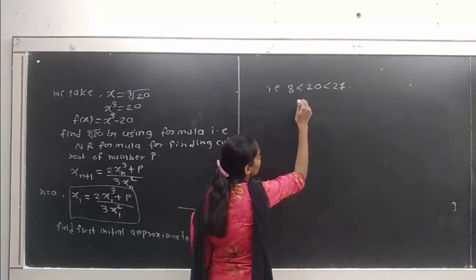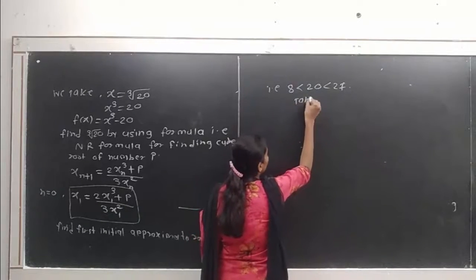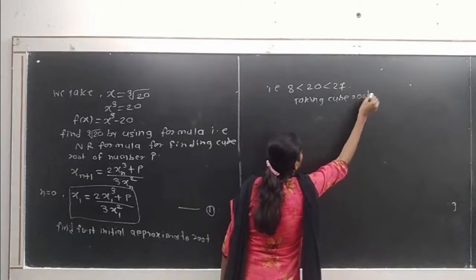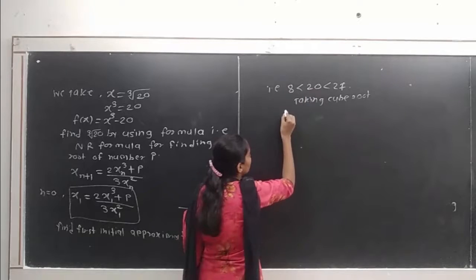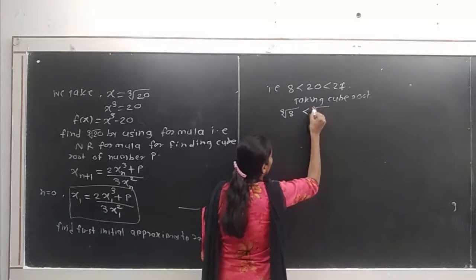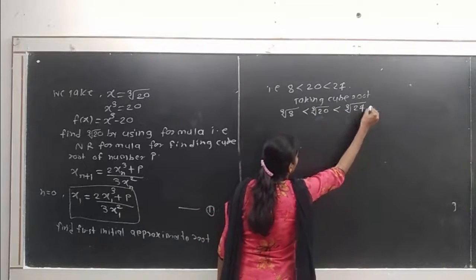If we take the cube root of this inequality, we get cube root of 8 < cube root of 20 < cube root of 27.